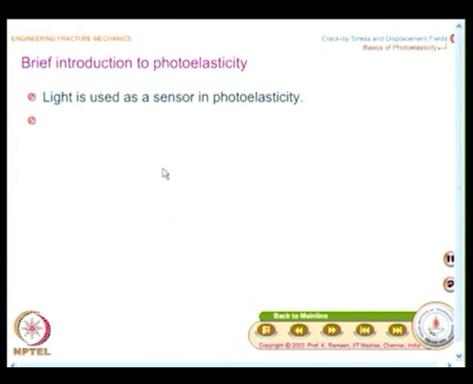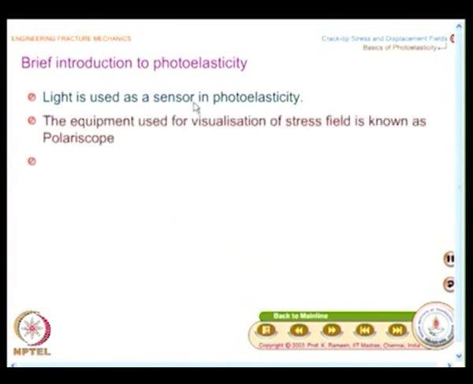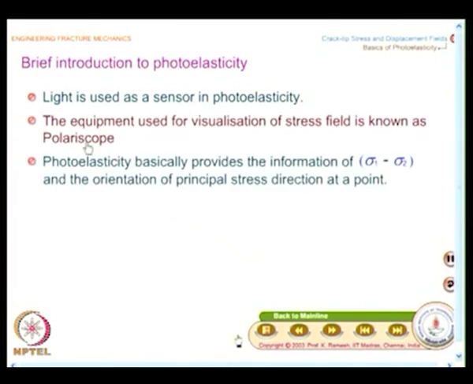In the case of photoelasticity, light is used as a sensor, and the equipment that you use for visualization is a polariscope. In fact, photoelasticity provides two basic pieces of information: contours of sigma 1 minus sigma 2 as well as the orientation of principal stress direction. As we are not required to use this in this course, I did not emphasize it earlier, but now we will also have a brief look at that.